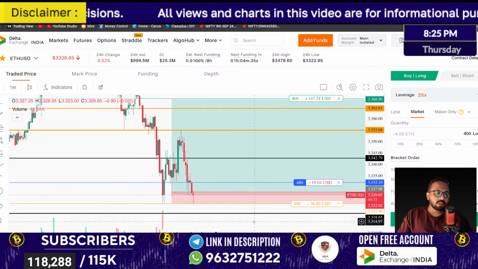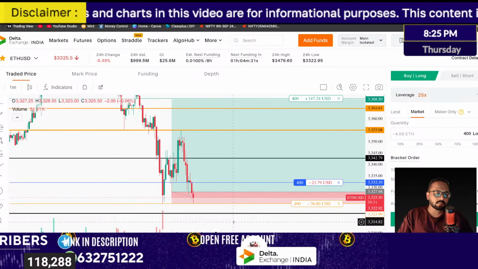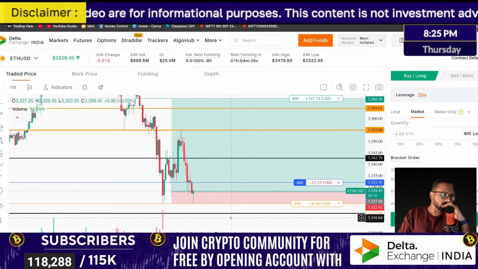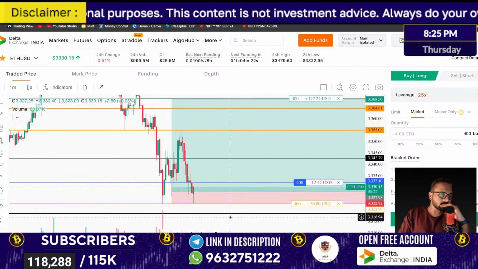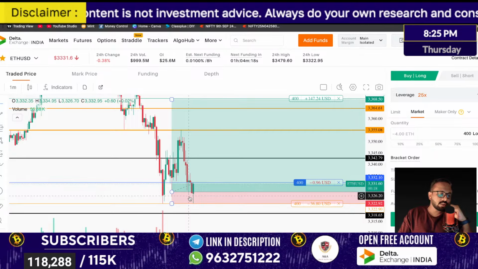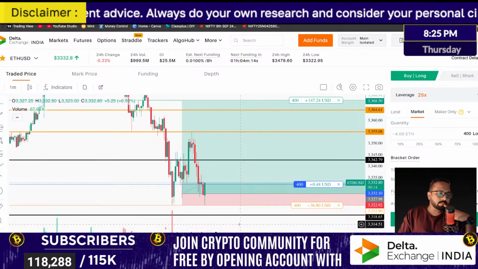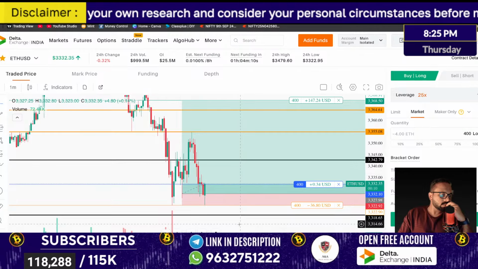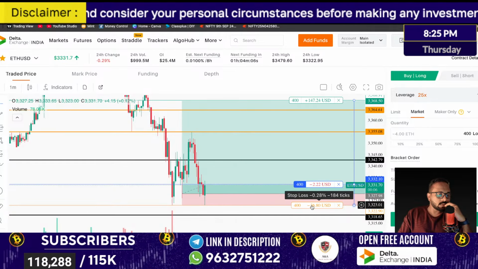This almost came to the stop loss zone. Double bottom. Usually I don't prefer to trade in double bottom. Whatever, we will see. Just a little bit.